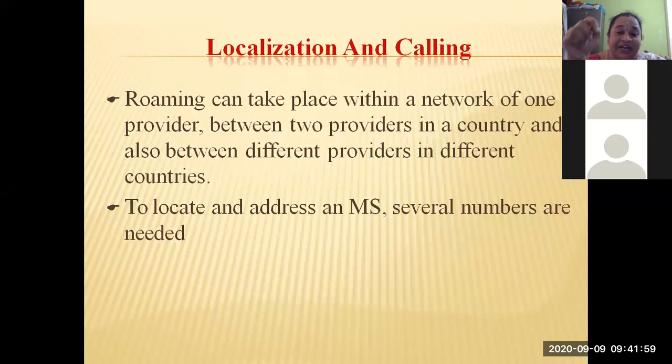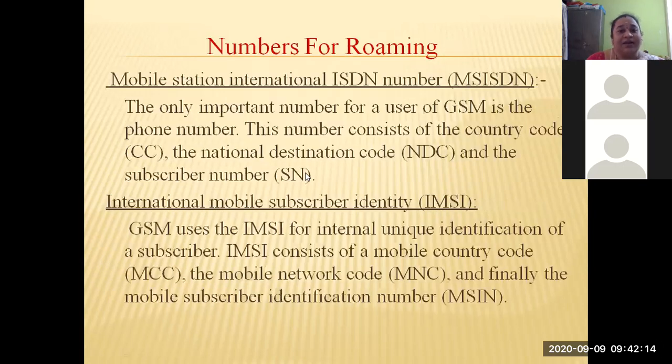Several numbers are needed for identifying the mobile station, for localization and roaming. Whether the roaming is between network to network, country to country, or state to state, we need certain numbers in order to identify the corresponding mobile station. So we'll see what all these numbers are that are needed for the roaming procedure.